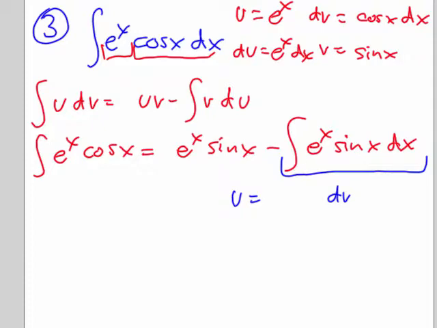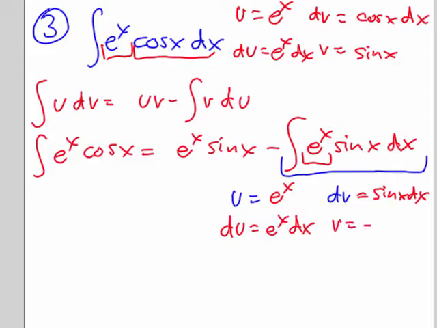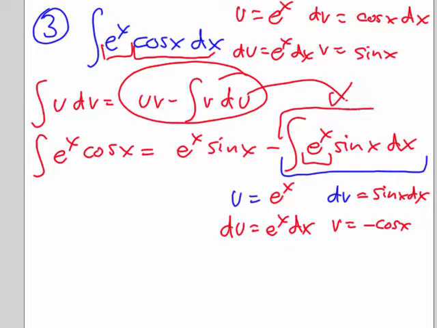And this time I'm going to use u to be e to the x and dv to be sine x dx, which would make my du e to the x dx. And my v, the integral of sine, would be negative cosine x. Okay, so we're applying our formula here to this section right here.